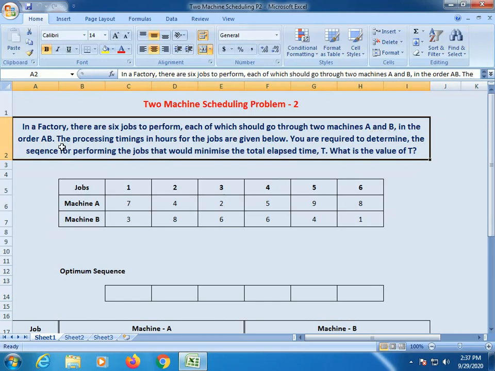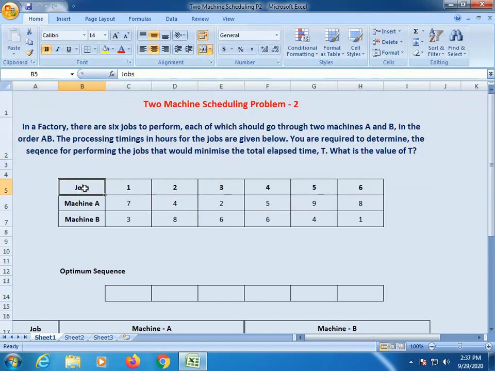So the order of the machines is AB. We have to process the processing times through the machines in the order of AB. The processing timings in hours for the jobs are given below.